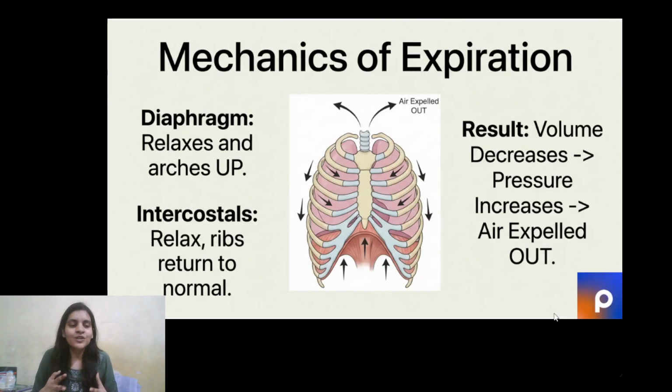The diaphragm, which had contracted during inspiration, relaxes and arches up. Intercostal muscles, the muscles between the ribs, relax and the ribs return to the normal position. As a result, the volume decreases and the pressure increases. And as my lungs' pressure becomes higher than the atmospheric pressure, the air is expelled out.